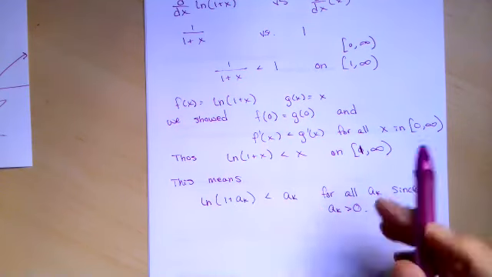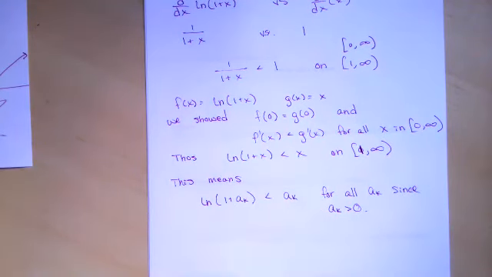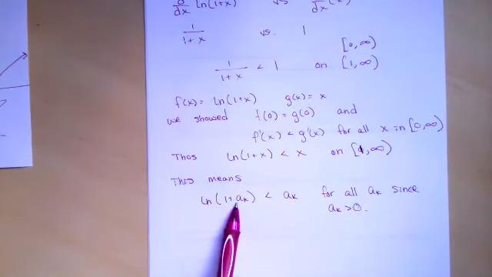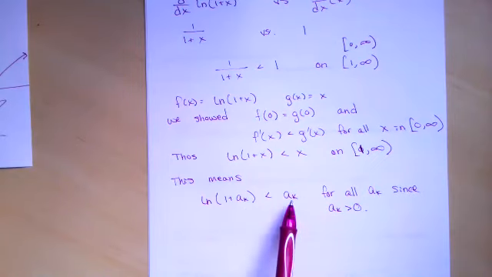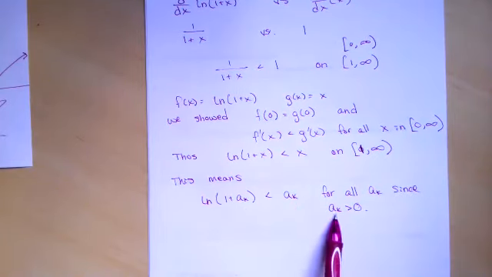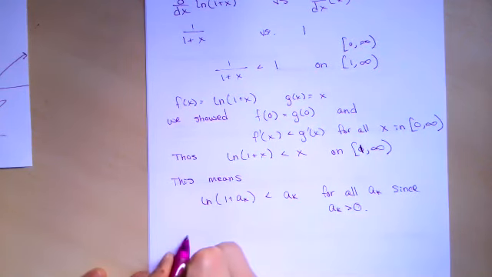So really all we're thinking about is, well, these a_k's are just numbers. These x's are just numbers. So we get this statement as well. Natural log of 1 plus some number, however it's defined, is going to be less than that number as long as the numbers I'm plugging in are bigger than 0. And so we get a direct comparison.